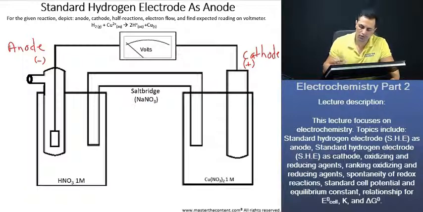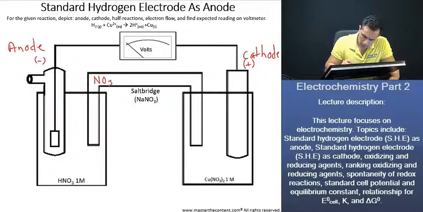What does strong electrolyte mean again? It means that it's virtually going to completely dissociate. So when we write it, we can write it in its dissociated form. Perfect.